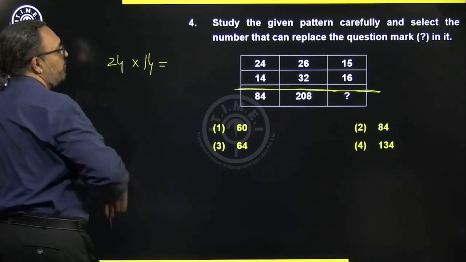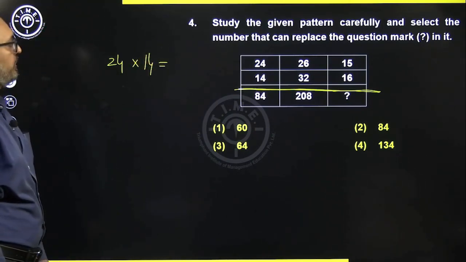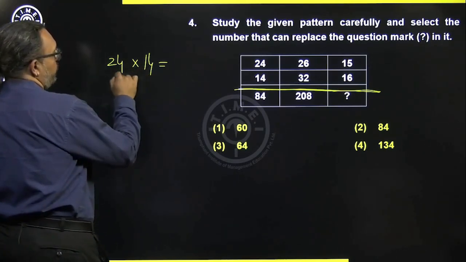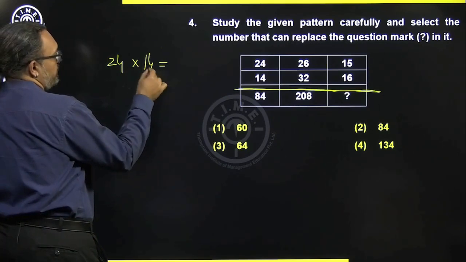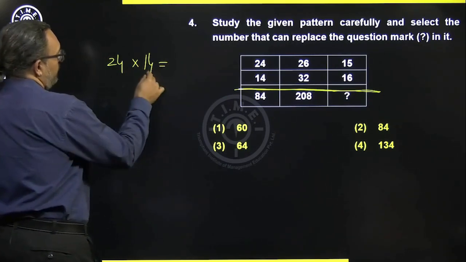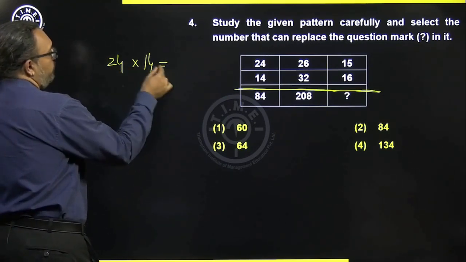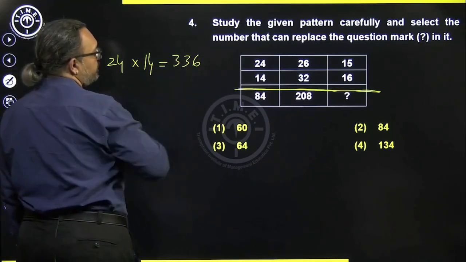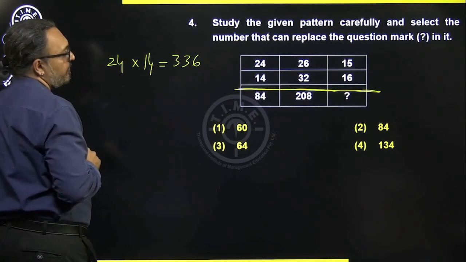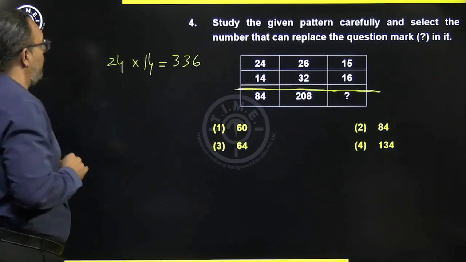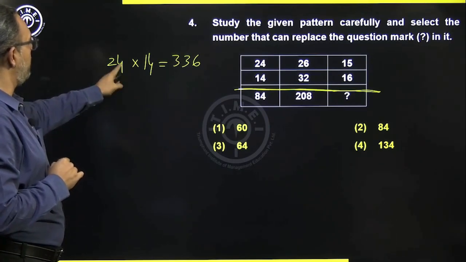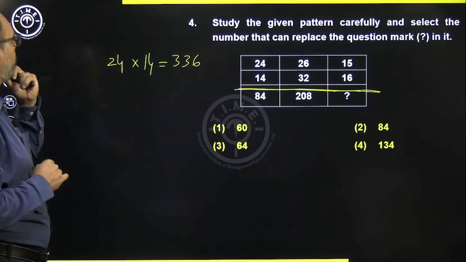So what is the product that I can have? So you have 280 and 14 into 4 is 56 is 280 and 56 is 336. Okay. So 14 into 20, 280, 14 into 4, 56, 280 and 56.